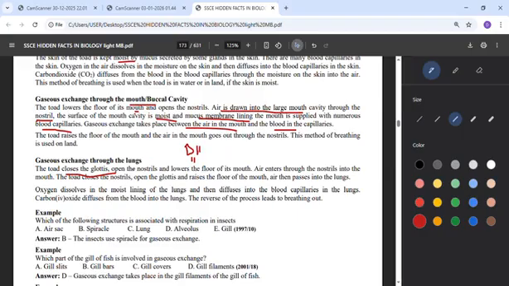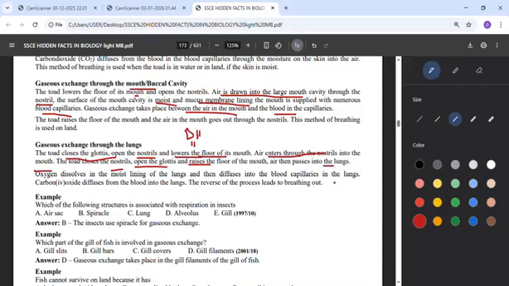So the toad closes the glottis, opens the nostrils, and lowers the floor of its mouth. That's if they want to breathe. Air will now enter through their nostril into their mouth. Then the toad closes the nostril, opens the glottis, and raises the floor of the mouth, so air then passes into the lungs. So that is that for their lungs.